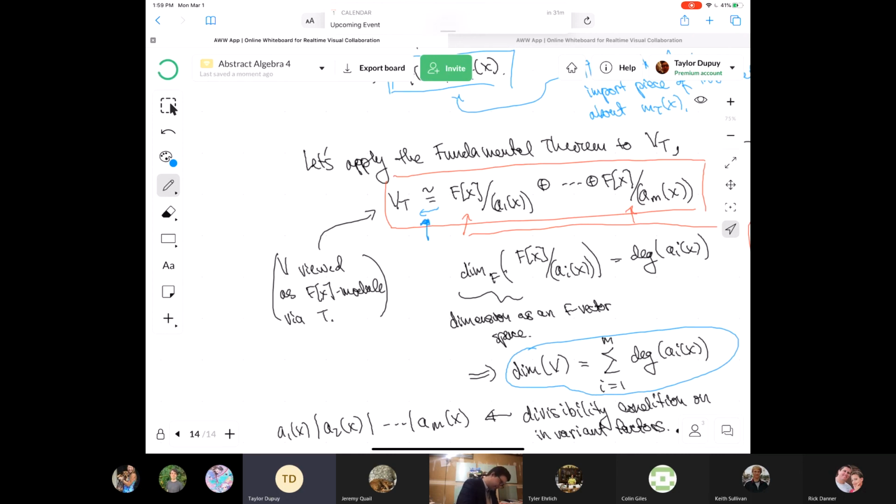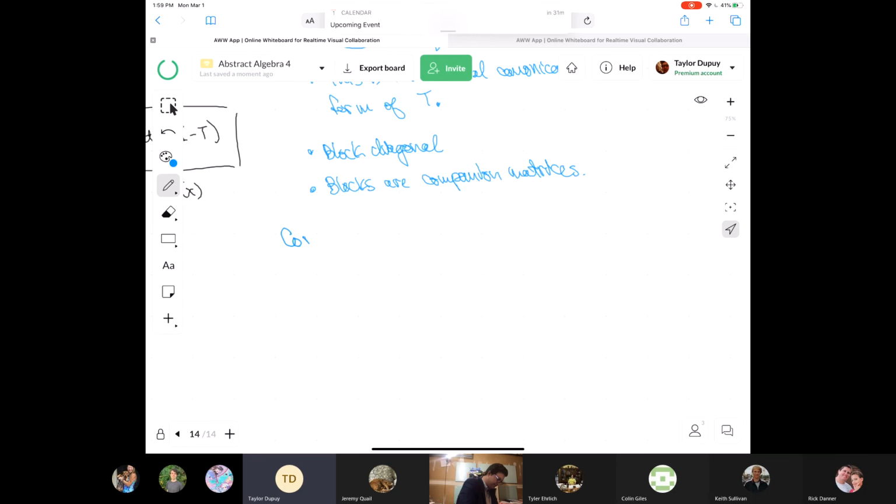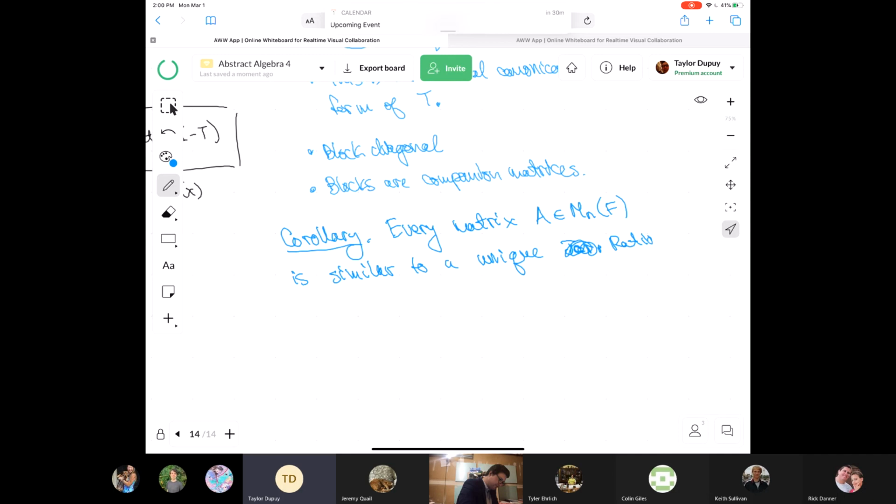So a corollary is that every matrix A in M_n(F) is similar to a unique matrix in rational canonical form. Or not Jordan, sorry, rational canonical form.